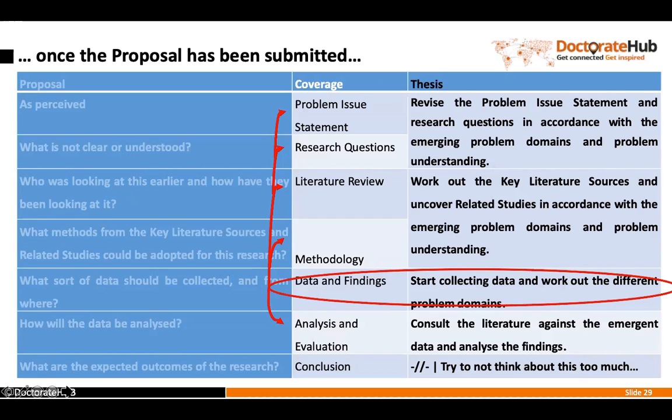Because at this point in time, you are officially entitled to engage with stakeholders, to collect data, and thereby conduct the research. So quick iterations between doing research and collecting data, and then analyzing the findings and checking back what they tell with regard to your problem understanding, the research questions, the relevant literature, or how the methods have been working out, is a viable point after you start taking the research further.